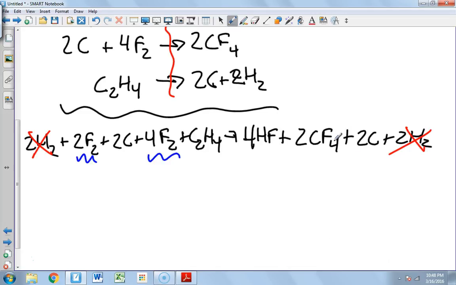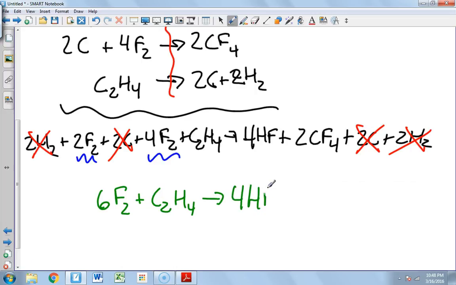And now we have 2C and 2C, which cancel. So the overall reaction we've just made is 6F2 plus C2H4 reacts to form 4HF plus 2CF4.